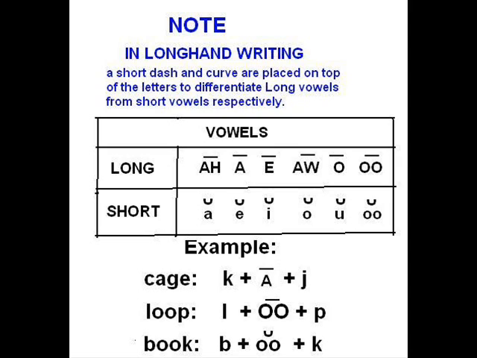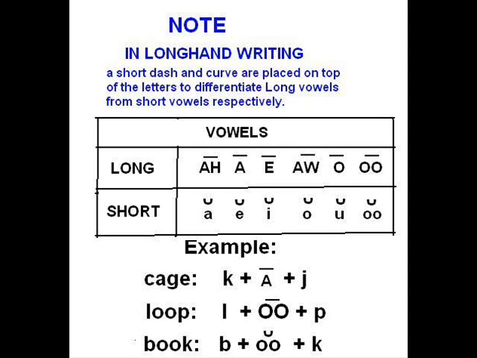In the word escape, you are writing the spelling E-S-C-A-P-E, escape. So, how you sound that word escape? Egg, E-G-G, egg. You write the letter E in longhand to represent the sound A. Sound is A. You write in longhand the letter E.